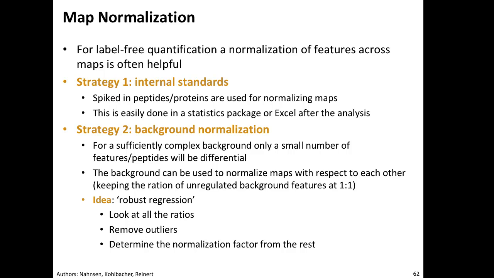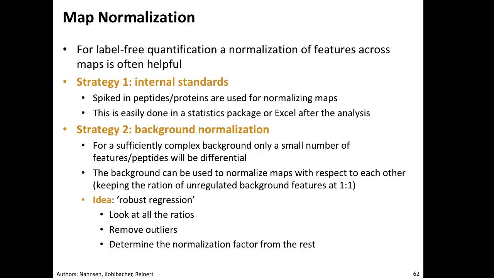You get tons of other issues. It's much easier to do what we like to call background normalization. And the reason is homeostasis. We talked about that earlier. It's actually very unlikely that the majority of the proteome shifts. Housekeeping proteins are essential.